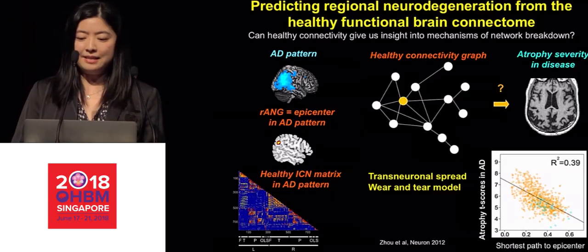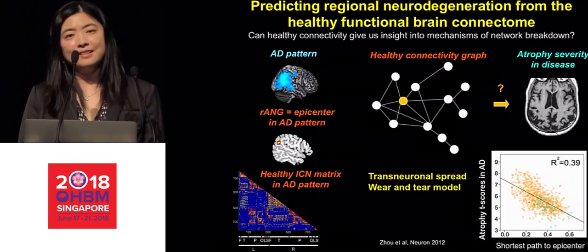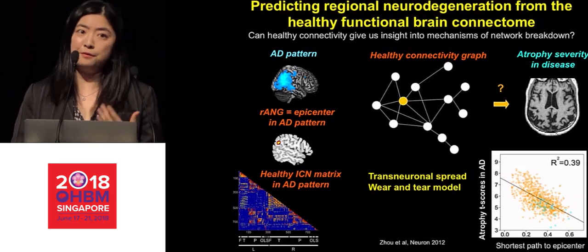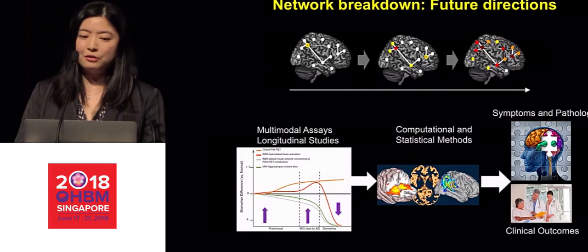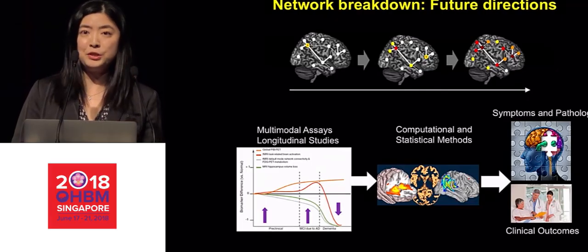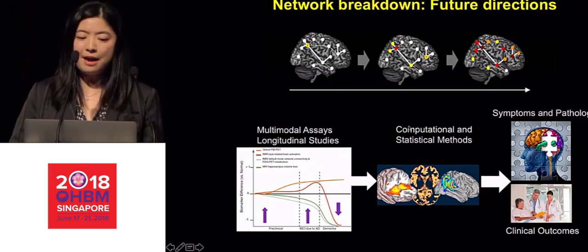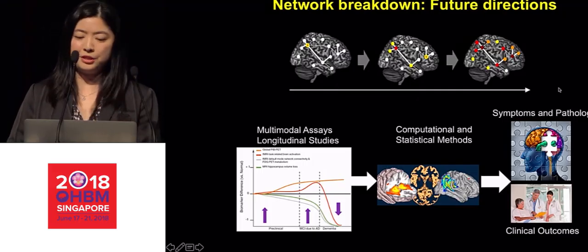Although this study suggests that healthy brain functional connectome can give us some insight on the region-by-region vulnerability, this is obviously just the first step. Moving forward, we need longitudinal multimodal neuroimaging study, combining structural and functional, to more formally test the predictions made by various disease spread models and detect the early onset regions.